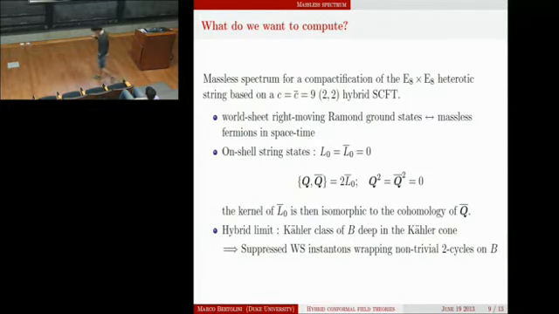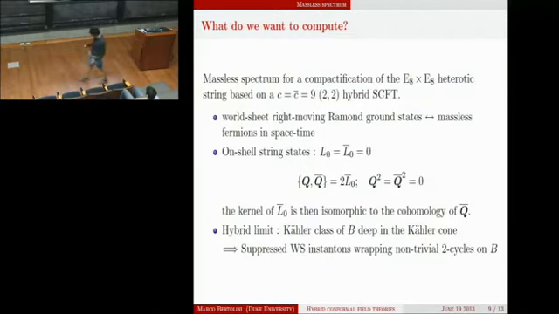So what do we actually want to compute? We want to compute the massless spectrum for a compactification of E8 cross E8 heterotic string theory based on a (0,2) hybrid superconformal field theory. The first observation is that the right-moving Ramond ground states correspond to massless fermions in spacetime. And by supersymmetry, the knowledge of this is enough to determine the entire spectrum. Also, we are interested in on-shell states.